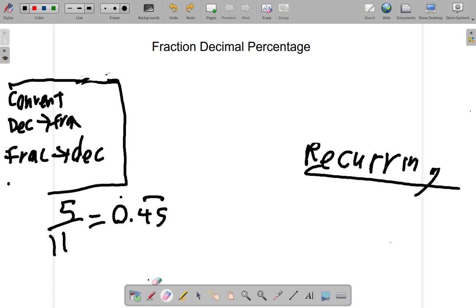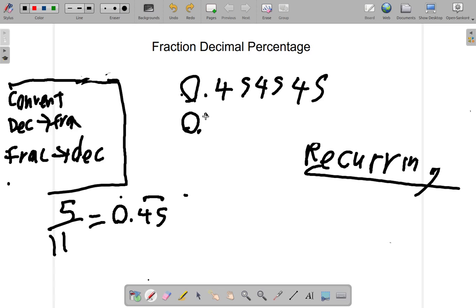There's the issue of writing down the answer to a certain accuracy. We're going to look at this in more detail later on, but 0.454545, if I want to write this and stop at the 4, to one place after the point, it's 0.4. But the thing is, 5 follows it.